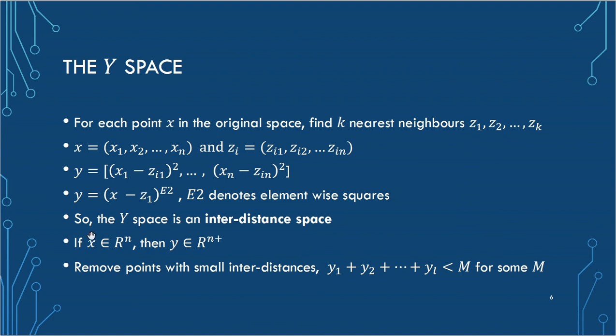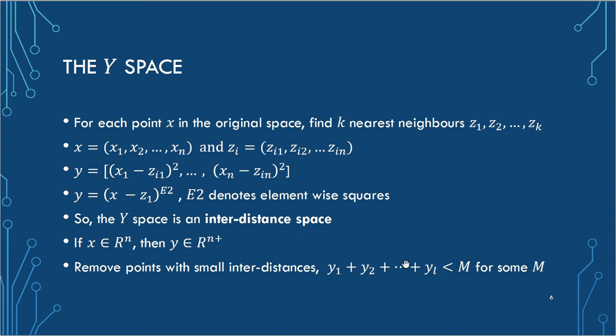If X is in Rn, Y is in Rn plus, because everything will be positive. And then what we do is we remove all points with very small distances. So if y1 plus y2 plus up to yl for a given point y is smaller than some number, then we remove those points.